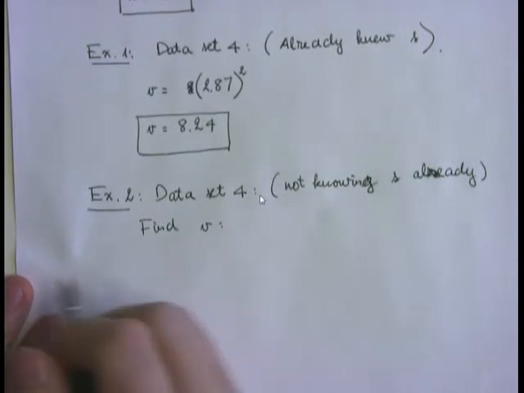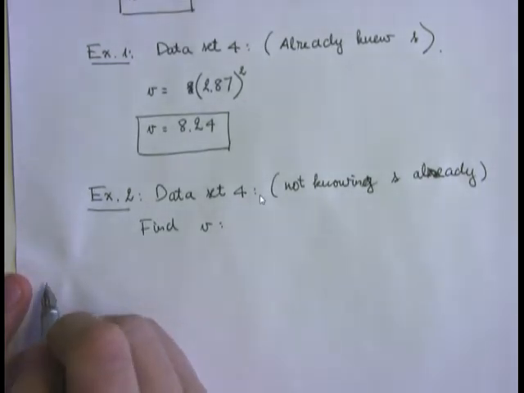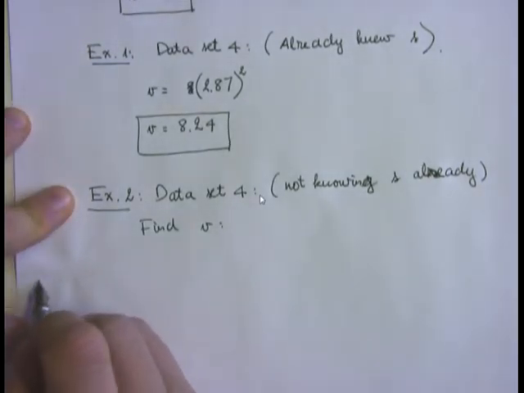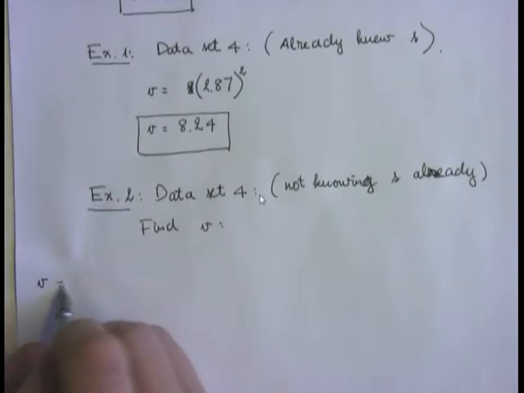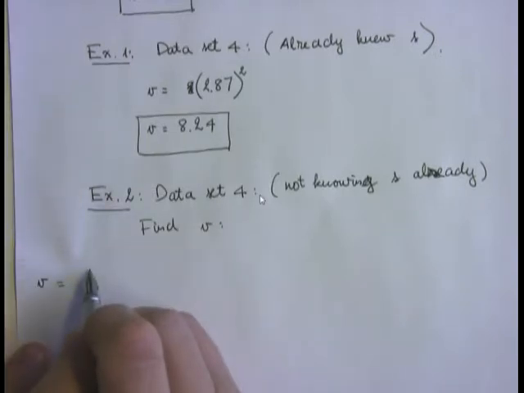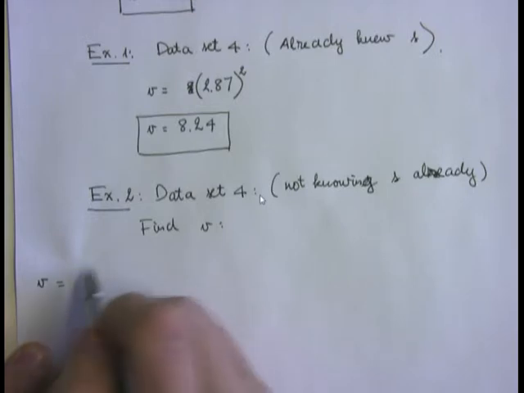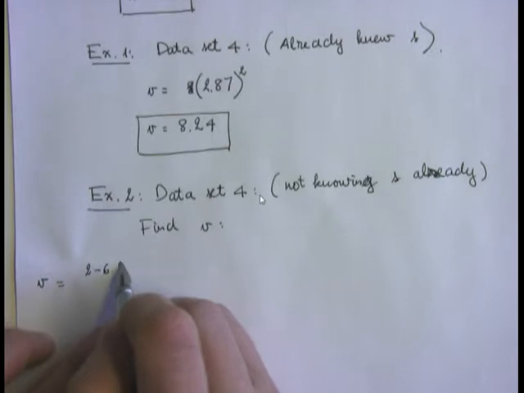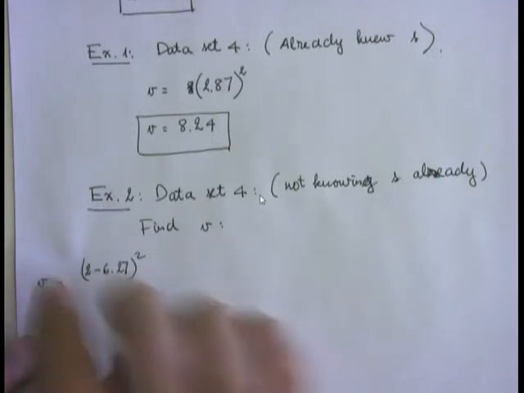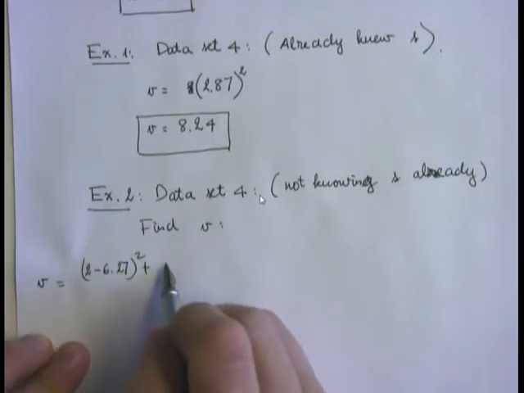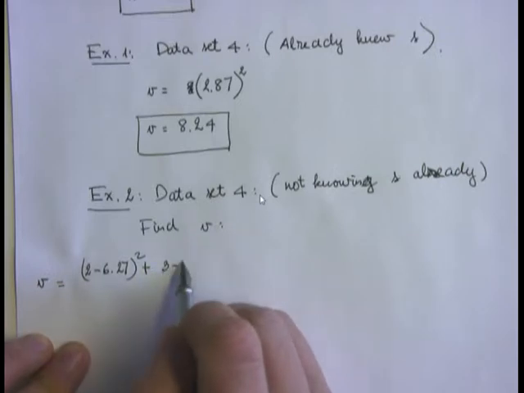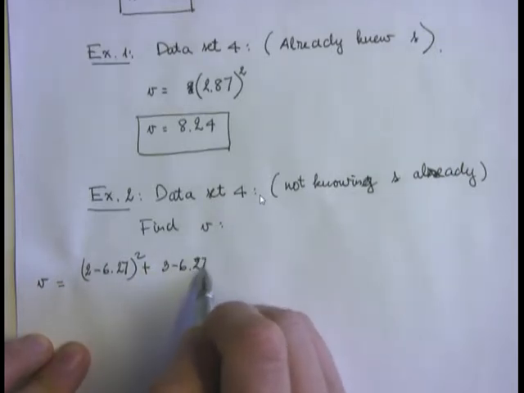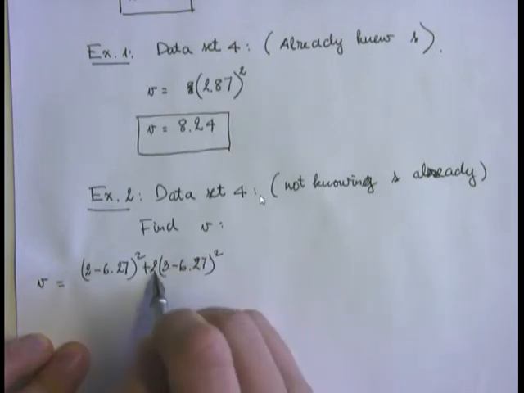So here, variance in this way can be found by, and let me point it out to you, about 3/4 of the work to find standard deviation is the work to find variance. So here's what happens. First data value minus the mean value, square the difference, and there's only one time. Second data value, a 3, minus the mean value, square the difference, there's 2 times of that square.